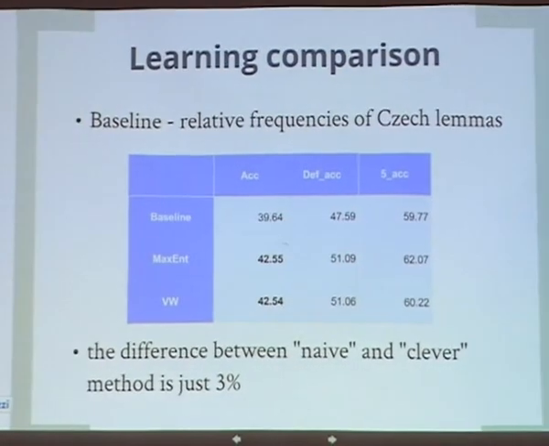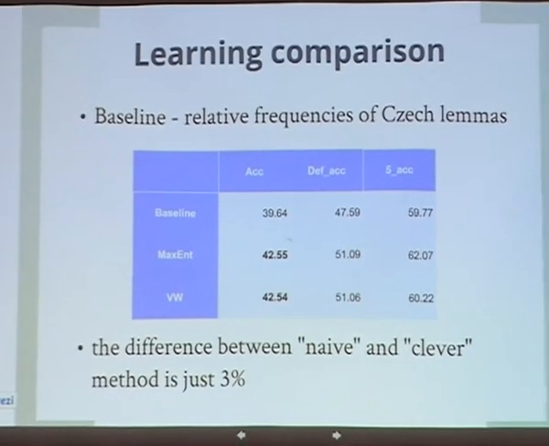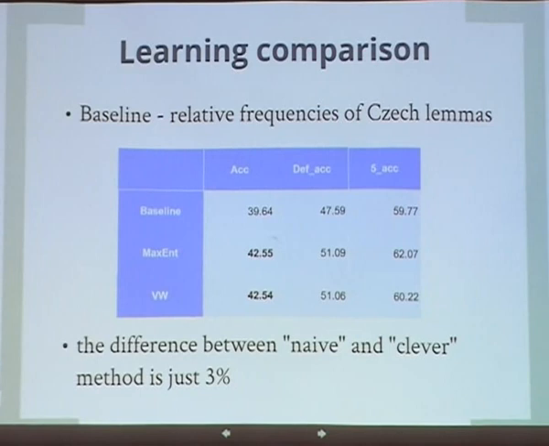Okay, baseline. Here I'm going to compare the learning algorithms, and in the first line there is a baseline. The baseline is what we get if we discard all features and just count relative frequencies of Czech lemmas.